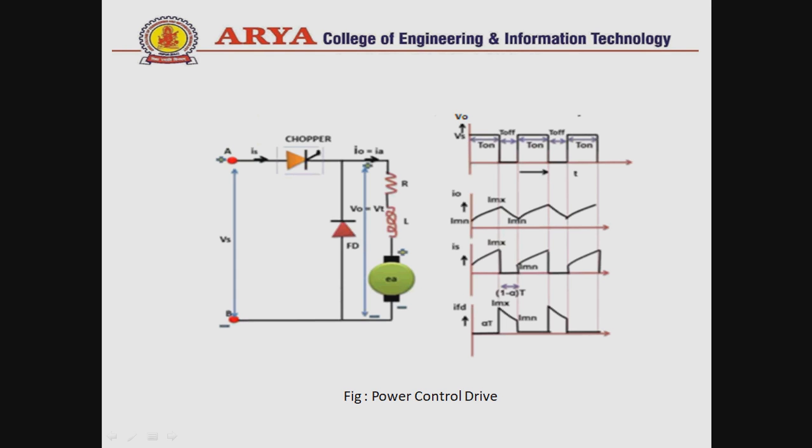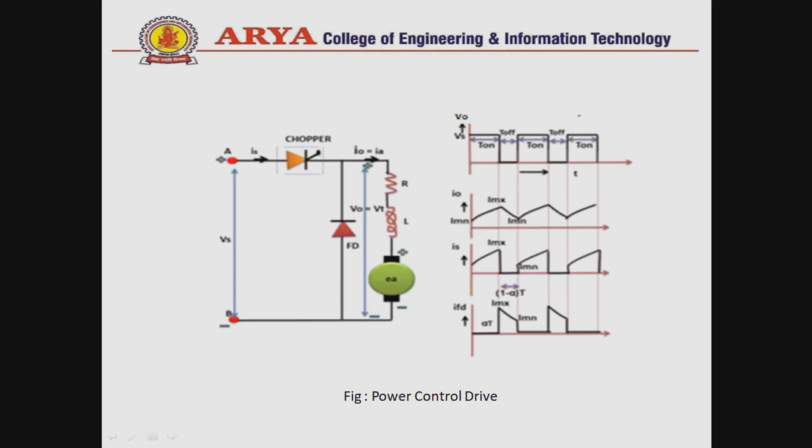And you can see in the waveform diagrams also, that is the output voltage waveform, where T on and T off show the time scales, and T on and T off combined form the time period T. In the T on period, the voltage is equal to the supply voltage, and in the T off period the output voltage is zero.